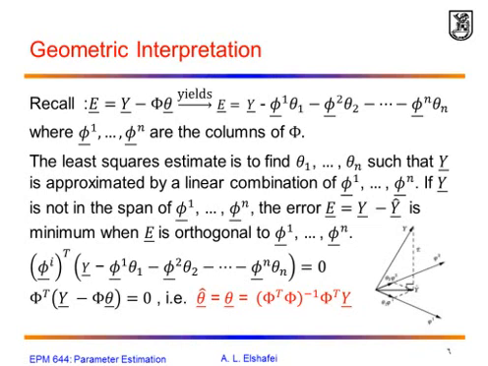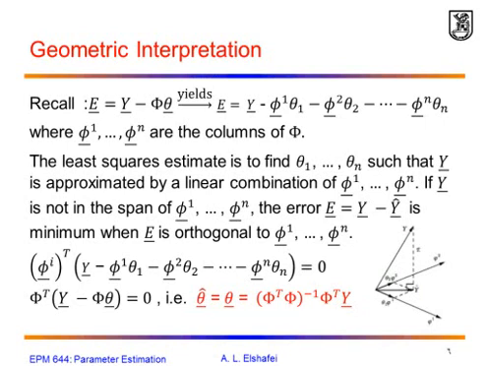If E is perpendicular to the plane which is defined by phi 1 and phi 2, it means that E is perpendicular to every vector in that plane. So I can write that the inner product of phi and E will be equal to 0, because we know that the inner product is nothing but the magnitude of the first vector times the magnitude of the second vector times the cosine of the angle between the two vectors.